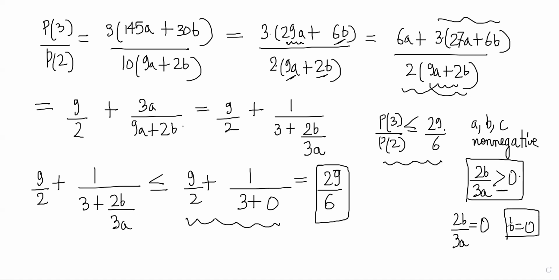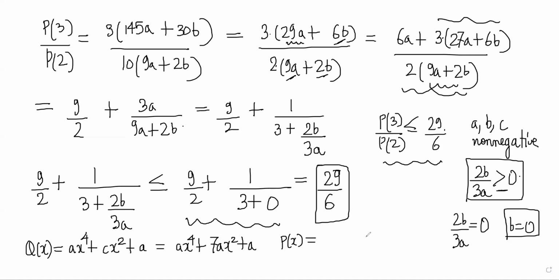So if b was 0, the polynomial for us, q of x, was what? Q of x would have become ax to the power 4 plus cx square plus a, and since c was 7a, that is basically ax to the power 4 plus 7ax square plus a, and p of x would have been x times q of x.